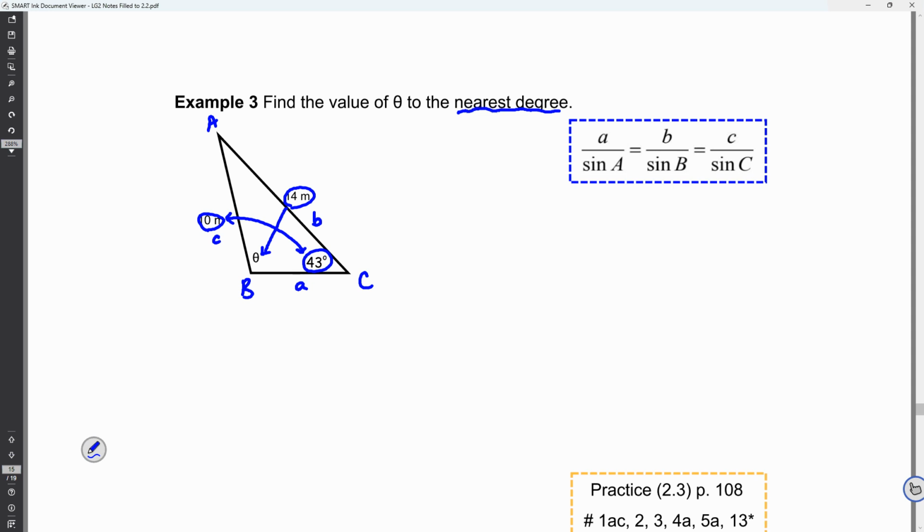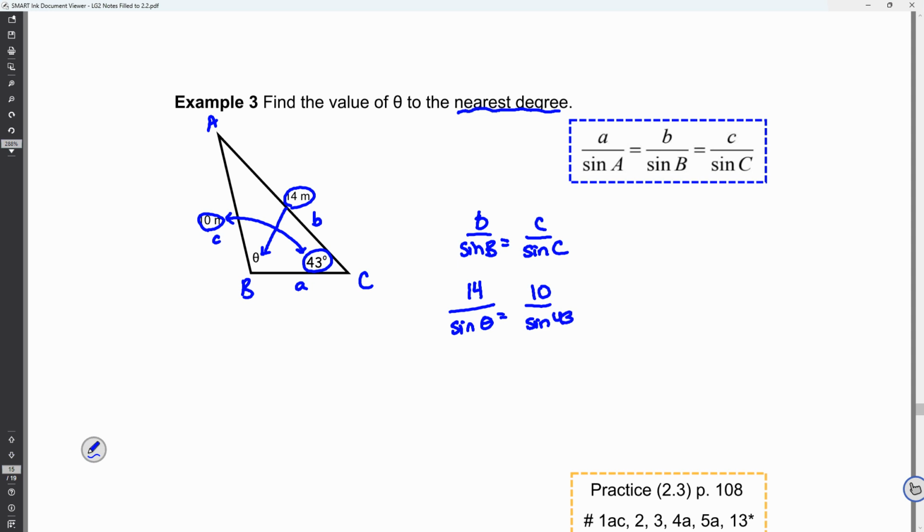Here we're going to solve in a similar way, and we're solving for angle theta. So we would do b over sine B is equal to c over sine C. Filling in all of our information, we have 14 over sine theta is equal to 10 over sine 43.